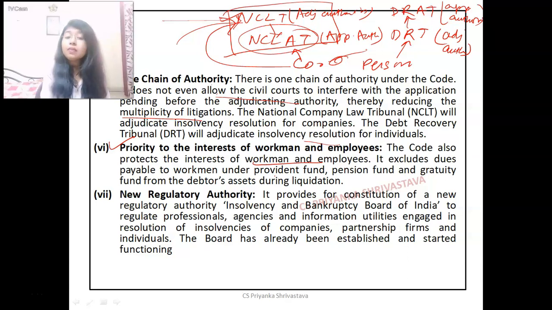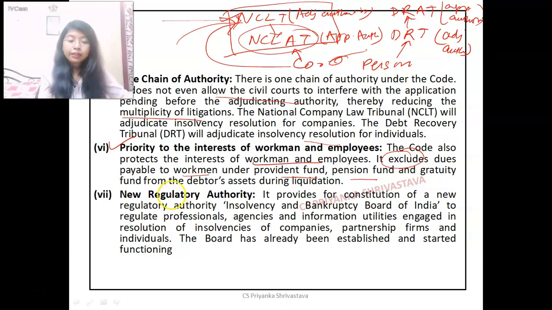The decision will be given in favor of these people. It excludes the dues payable to workmen under PF, pension fund, gratuity fund from the debtor's assets under liquidation. So if anything under PF, pension fund or gratuity fund needs to be paid, it is excluded, but the salary part and everything else is included and their interest is protected under this code.